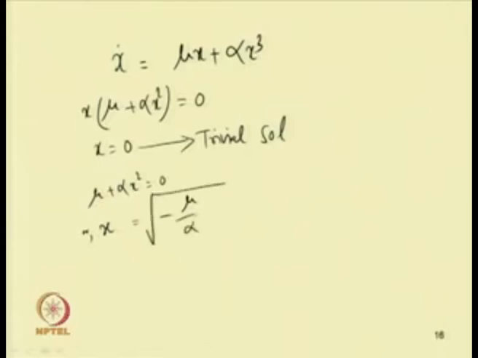By taking different values of alpha and mu, one can have the response in the x-mu plot or x-alpha plot. Let us take alpha equal to minus 1. Then x equals plus or minus the square root of minus mu by alpha, so with alpha equal to minus 1 this becomes x equal to plus or minus root mu. For negative values of mu, one has two solutions. From the solution one can plot. So, by taking alpha equal to minus 1, x becomes plus or minus root mu.